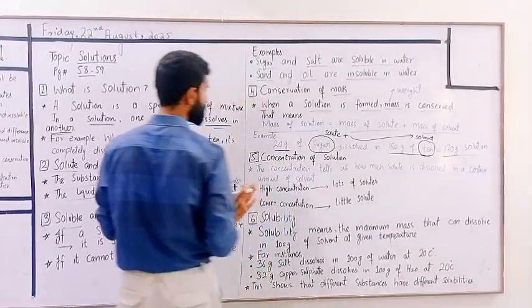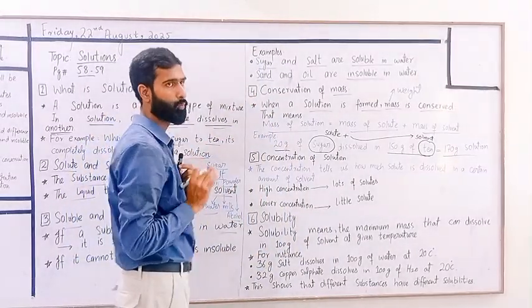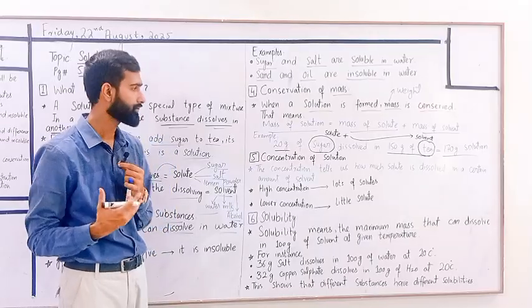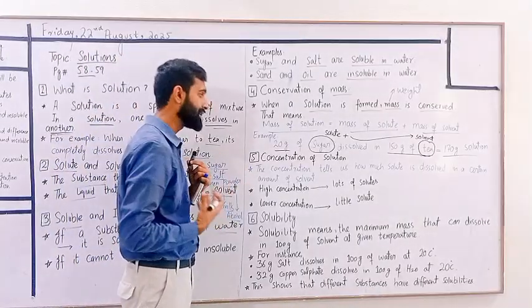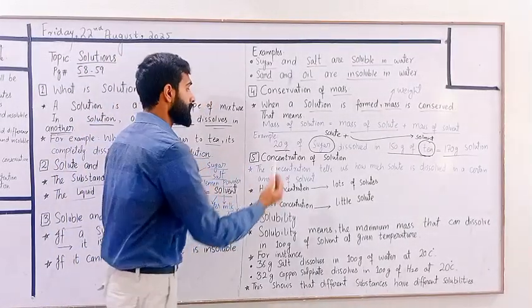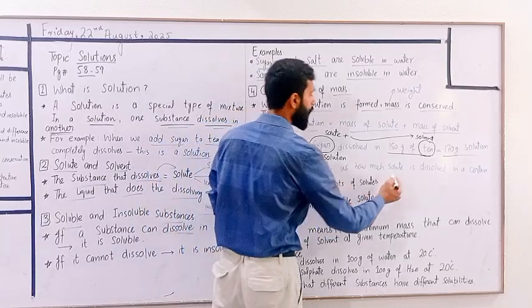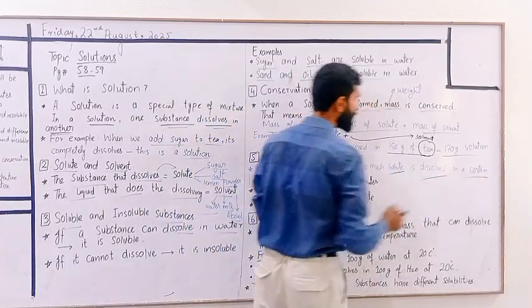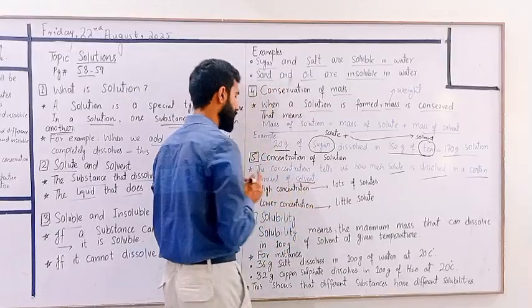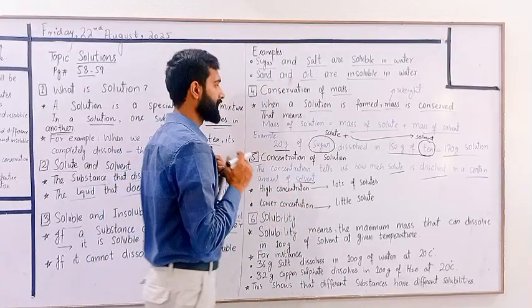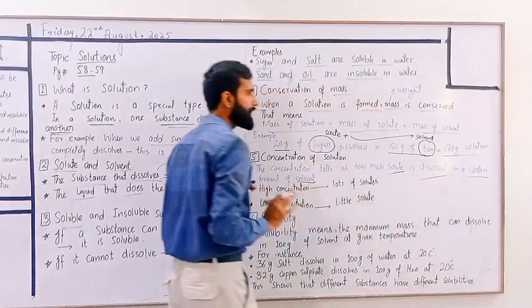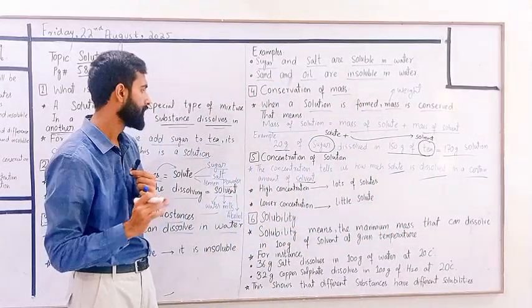The next one is concentration of a solution. What is concentration? Concentration means the quantity, the amount of something. Concentration tells us how much solute is dissolved in a certain amount of solvent.